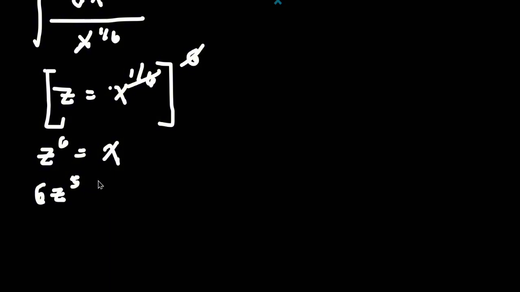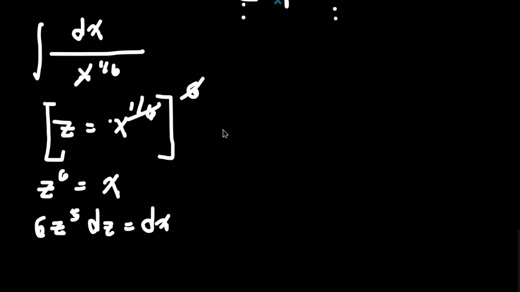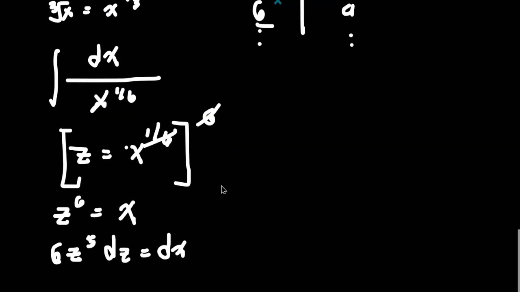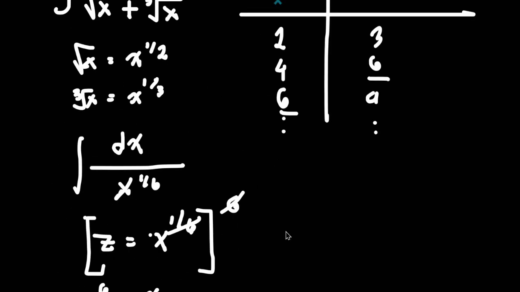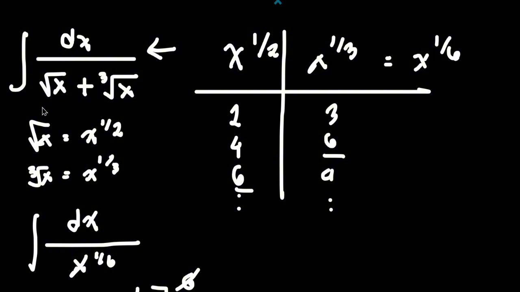Oh, I forgot this. Okay, since we do have dx, we are not done yet to substitute all the values that we get. We do have x and dx, but we have no terms or values for the square root of x and the cube root of x.